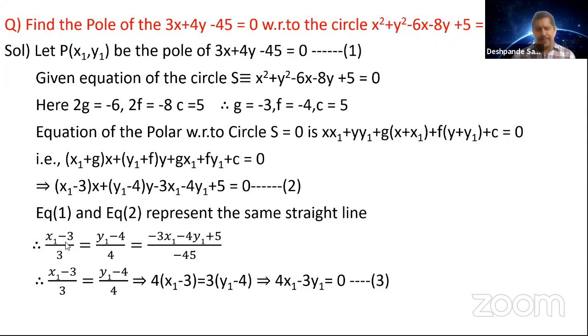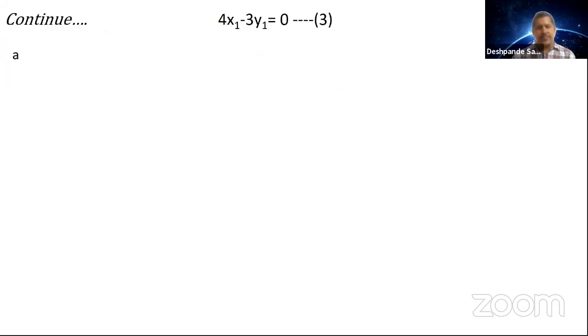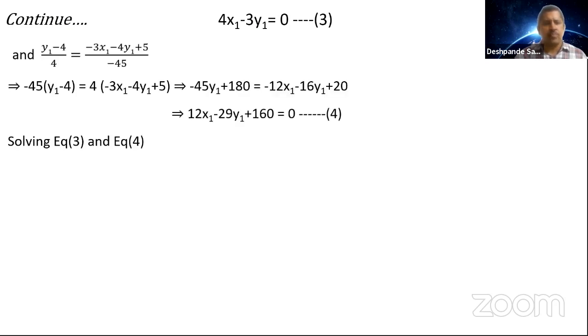Now you take another pair. Either you can take the first term and the last term or second term and the last term. So second pair, you take (y1 minus 4) by 4 is equal to (minus 3x1 minus 4y1 plus 5) by minus 45.